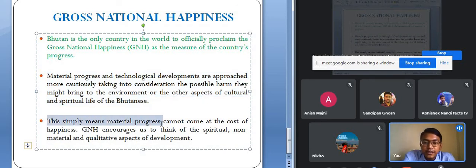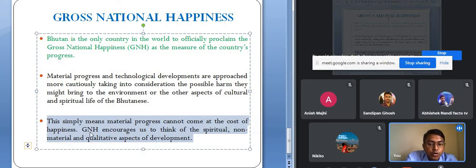This simply means that material progress cannot come at the cost of happiness. The gross national happiness encourages us to think of the spiritual, non-material and qualitative aspects of the people.